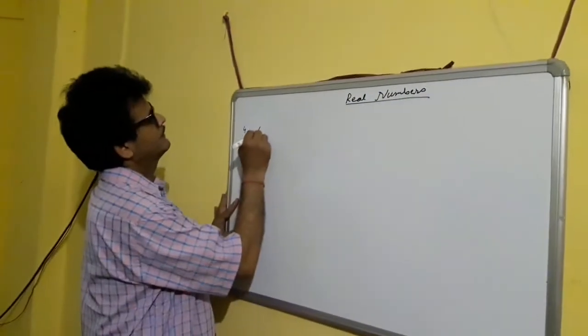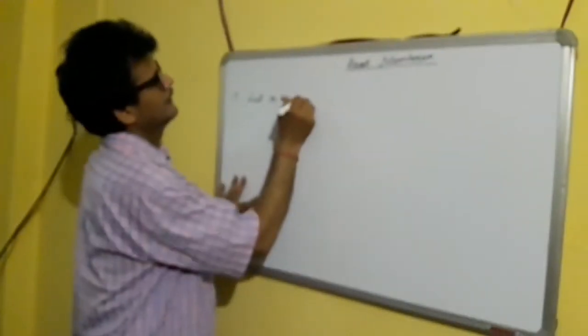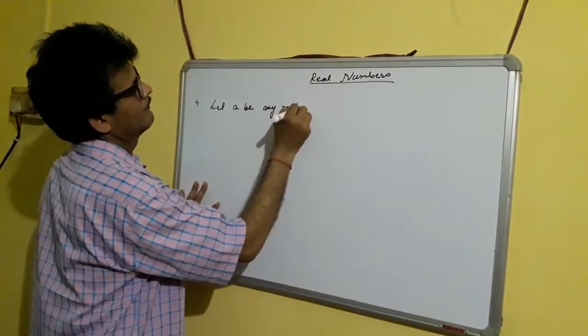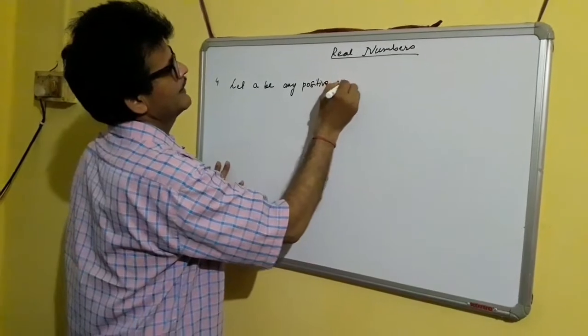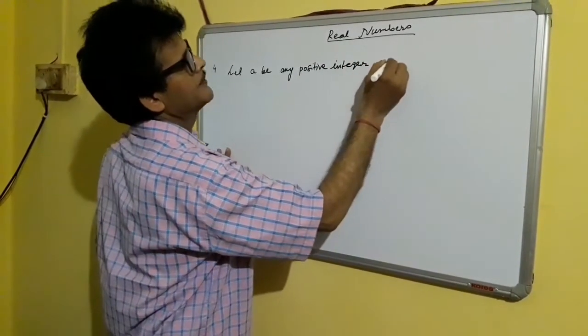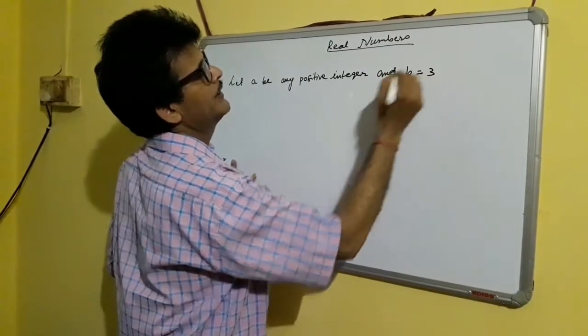So let a be any positive integer and b is equal to 3.